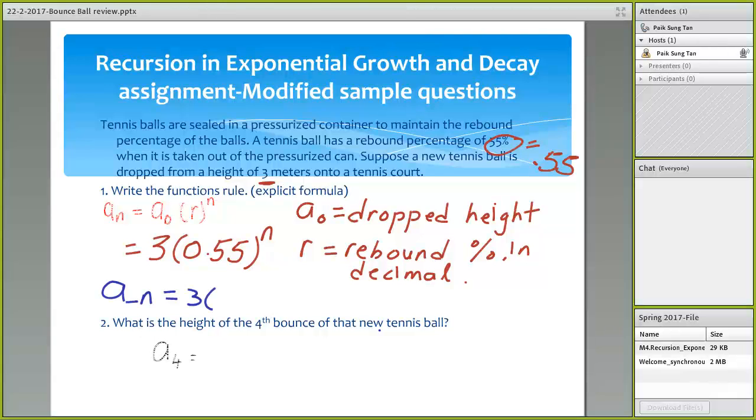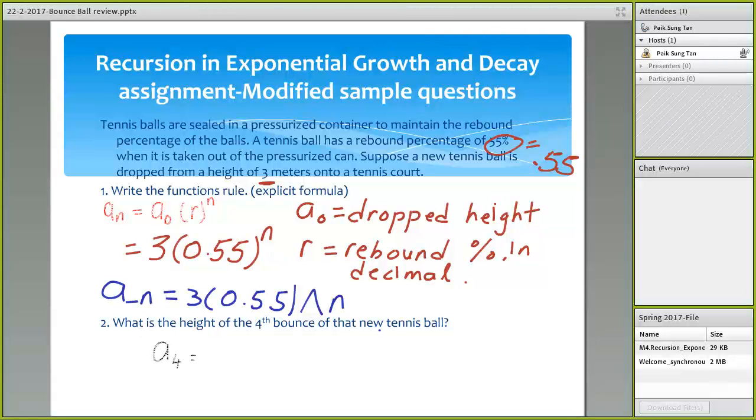You can do a underscore n equal to 3 parentheses 0.55, then little hat, and that tells me that it's the exponent. The little hat usually is shift 6.